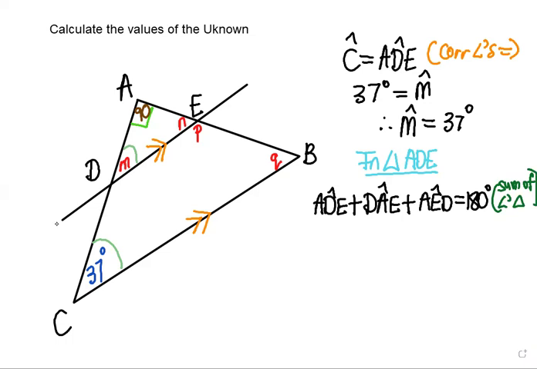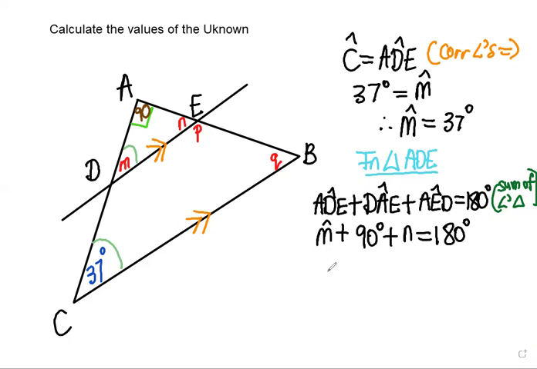As you continue from here, you are now going to substitute. Our angle ADE is given by angle M, so we write angle M plus, then our angle DAE is represented by 90 degrees, plus our angle AED is equal to angle N. Then it's equal to 180 degrees.